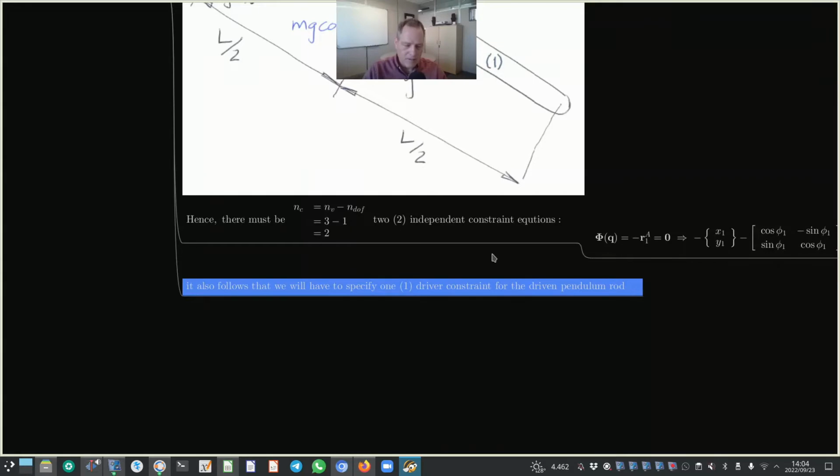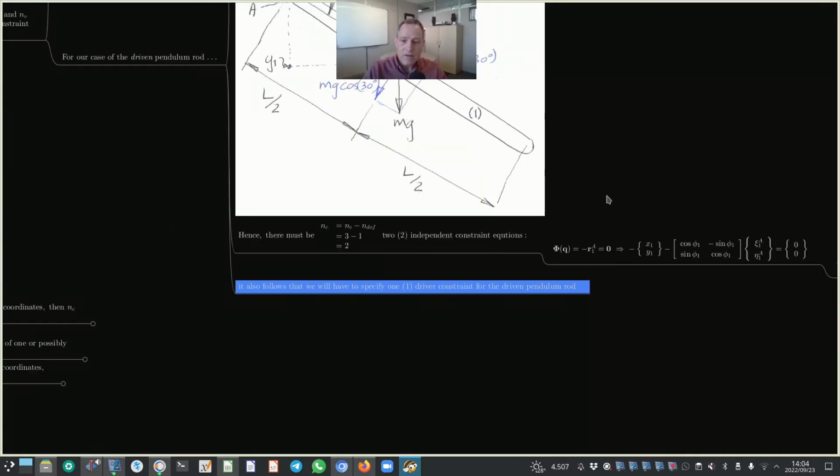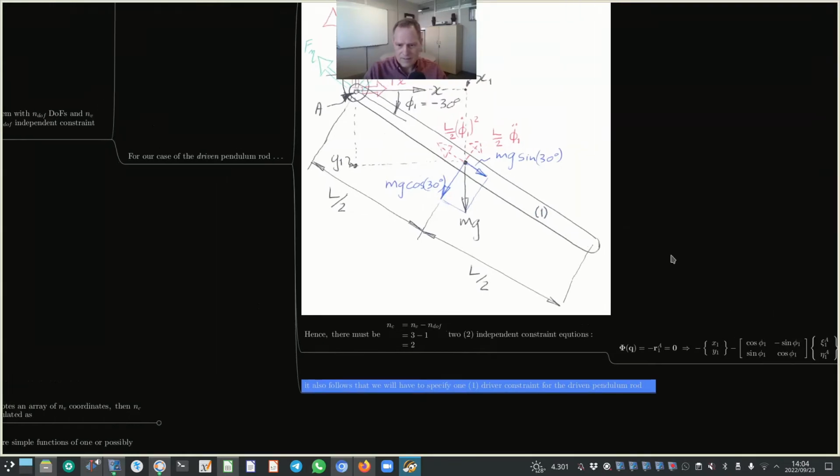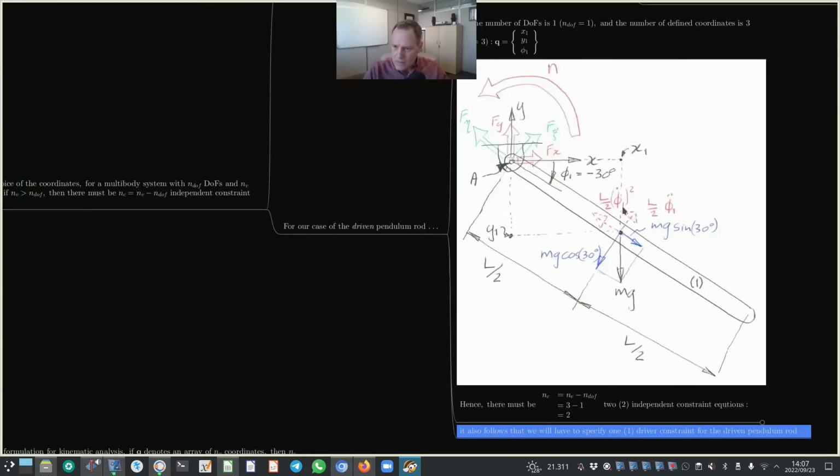The number of driver constraints that are needed is exactly the same as the number of degrees of freedom. What I've also indicated here is the coordinate x1, the global coordinate of the center of gravity of body 1, the x component as well as the y component.